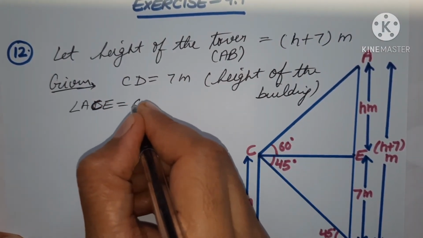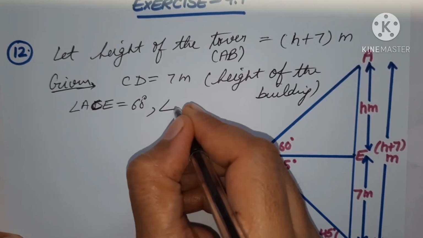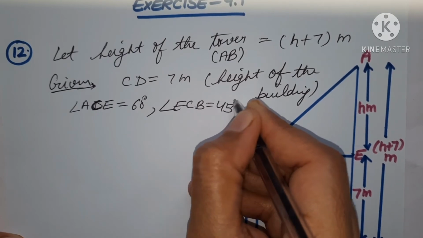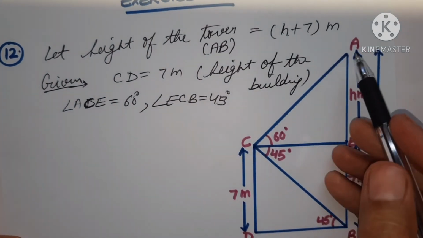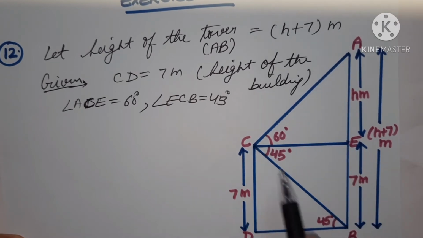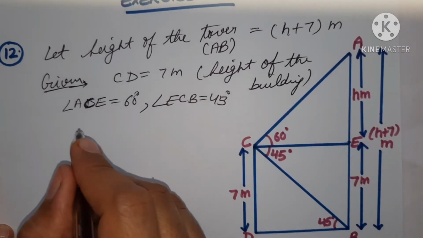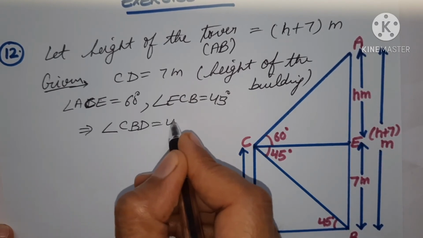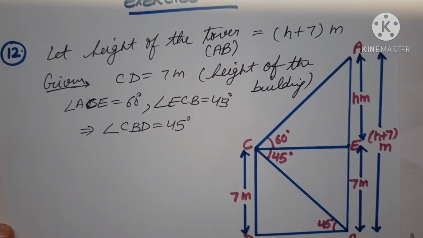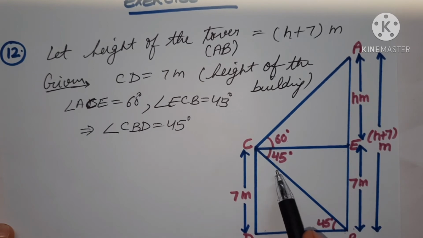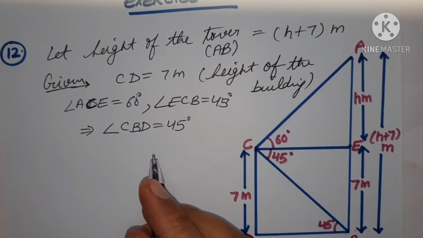ACE is 60 degree and angle ECB is equal to 45 degree. So the angle CBD is also 45 degree. Why? These are the alternate angles. So this angle is also 45.